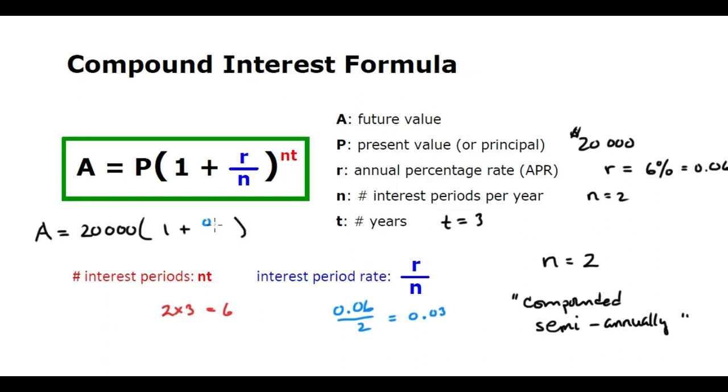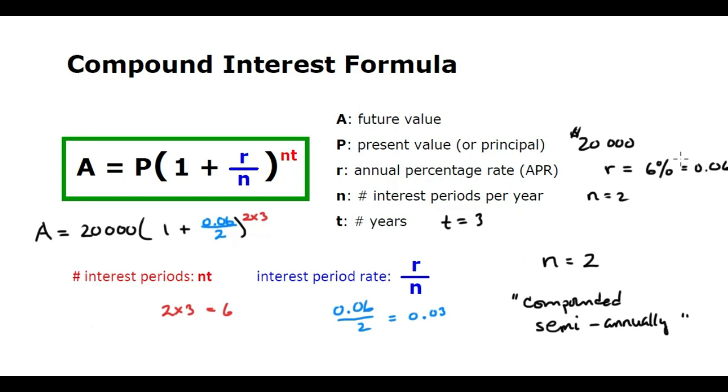I'm aware that my annual rate is 6%, and I'm going to chop that up into 2 equal amounts over that whole year, which corresponds to our semi-annual rate. So we're getting a 3% increase 6 different times, and note the 2 shows up in the exponent and also underneath your annual percentage rate. Of course 2 times 3, most people would be better off just putting a 6 in the exponent there. And that is exactly the same calculation as before.